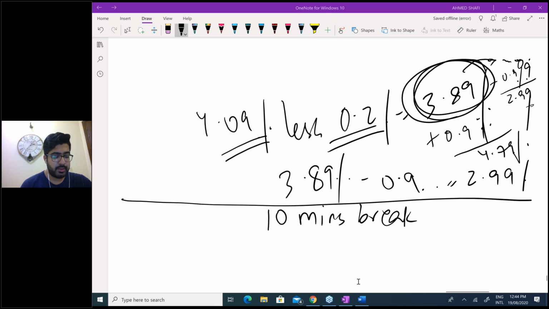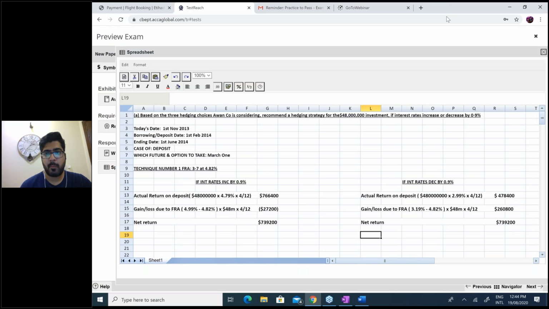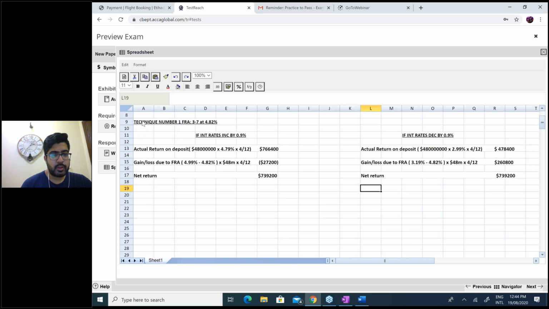Okay, so we are resuming. Now we will be moving towards technique number 2, that is interest rate futures.